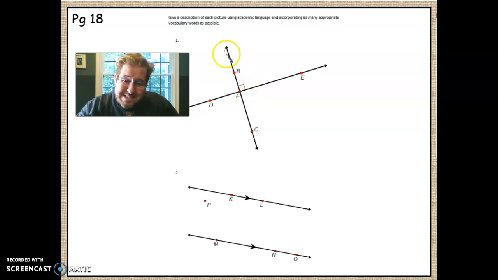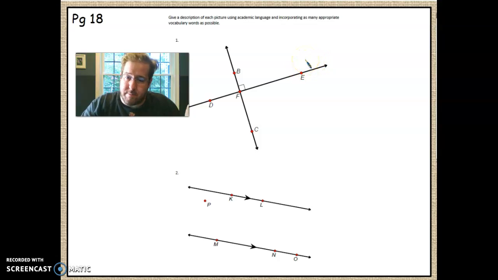We've got BC is perpendicular to DE, segments, right? And we've also got 2 lines, DE and DC, that are perpendicular to each other. We've got points D, F, and E. I can say F is at the intersection of line BC and DE.